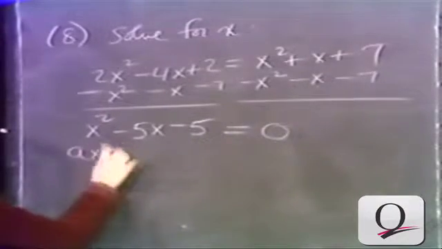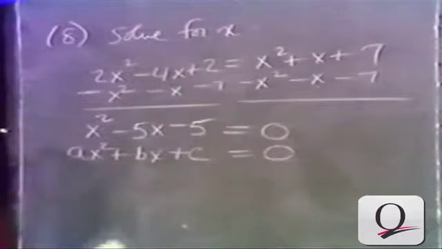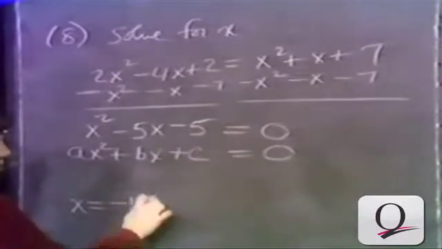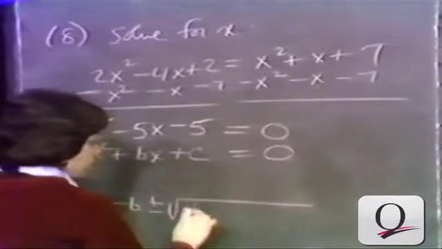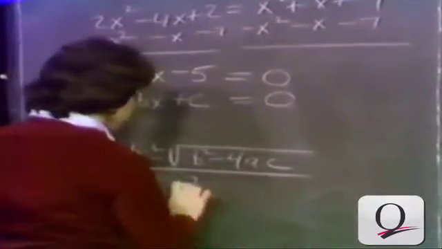We try to match this to ax squared plus bx plus c equals 0. And if we can do that, then of course the solutions will be given by x equals minus b plus or minus the square root of b squared minus 4ac over 2a.